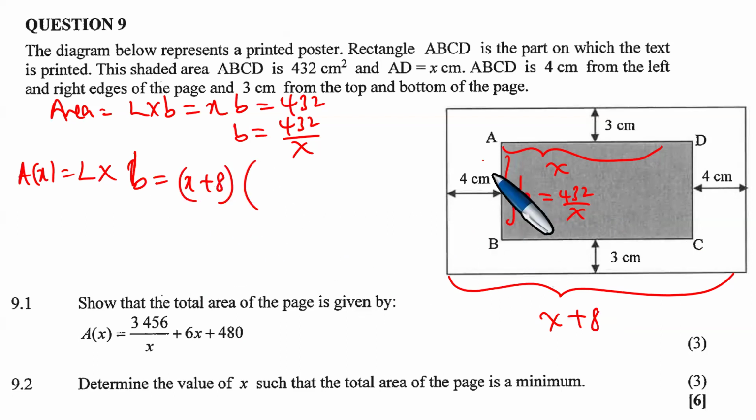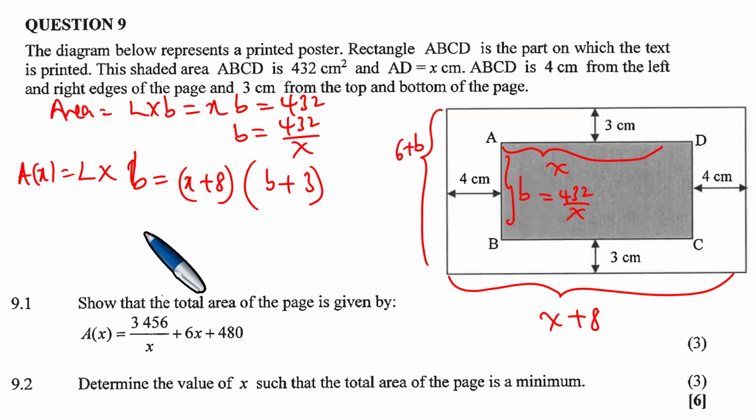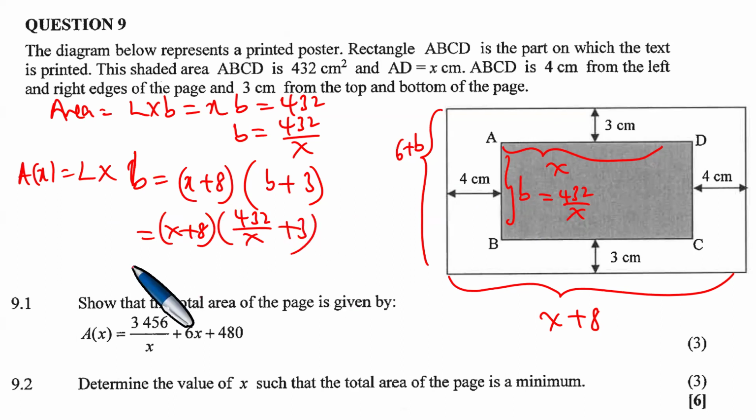The breadth is B plus 3 plus 3, which is B plus 6, where B is 432 over X. So it is X plus 8, multiplied by 432 over X plus 6, which is A of X.